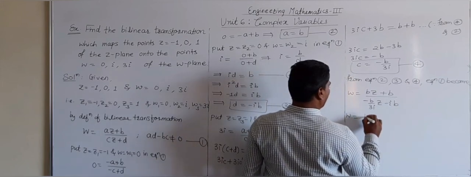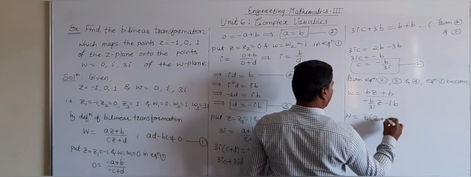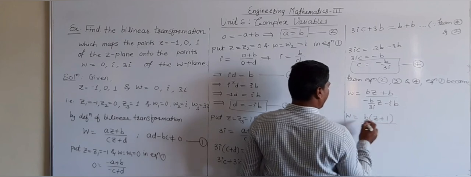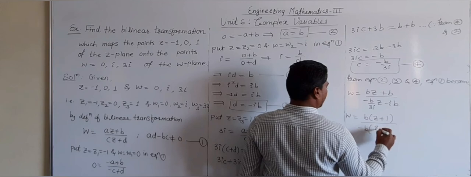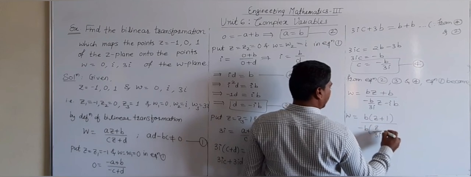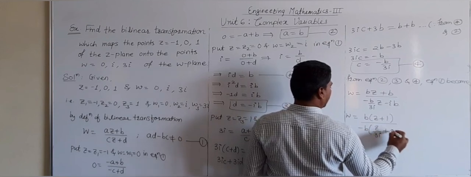So W is equal to, take B outside, Z plus 1 divided by minus B into bracket Z upon 3i minus plus i.